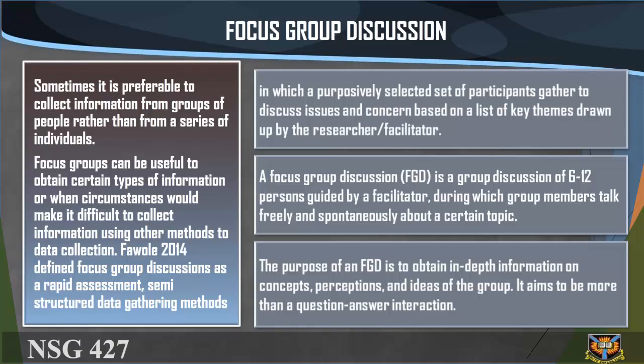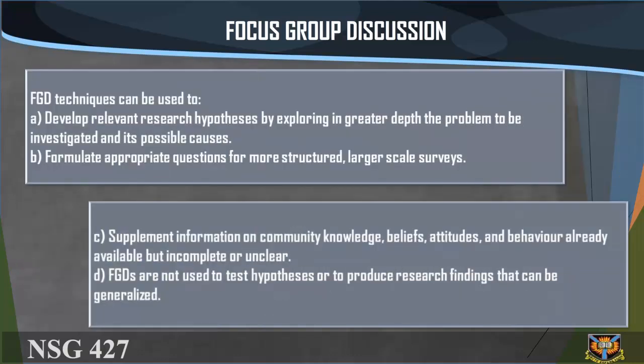The purpose of an FGD is to obtain in-depth information on concepts, perceptions, and ideas of the group. It aims to be more than a question-answer interaction. FGD techniques can be used to: A. Develop relevant research hypotheses by exploring in greater depth the problem to be investigated and its possible causes.